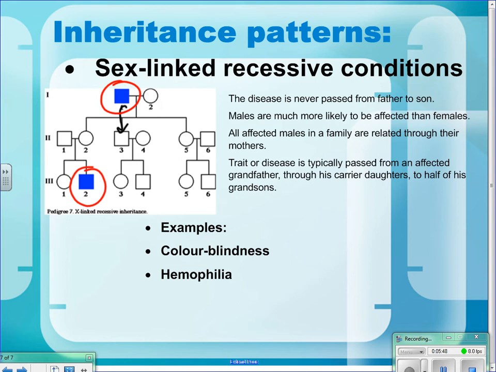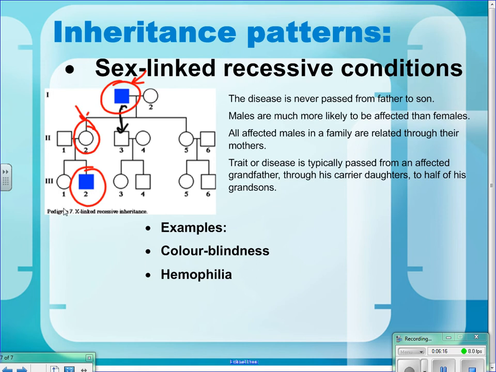All affected males are related through their mothers. Here we notice that the mother, who's the offspring of the affected grandfather, is related to that male. The disease is typically passed from an affected grandfather, through his carrier daughters, to half of his grandsons.